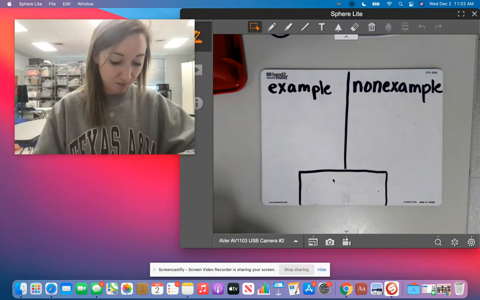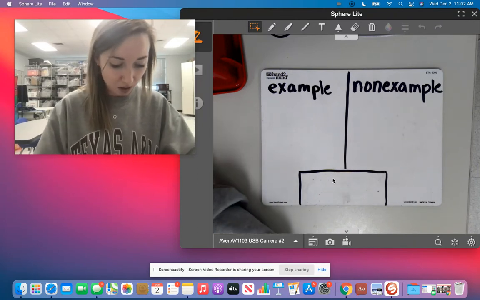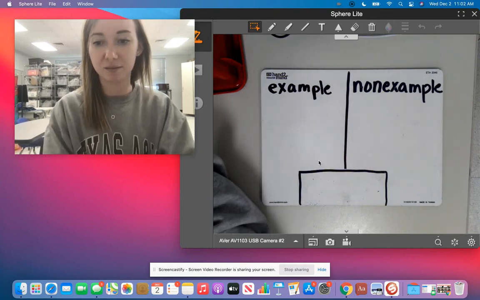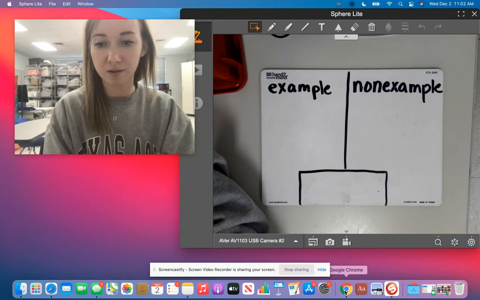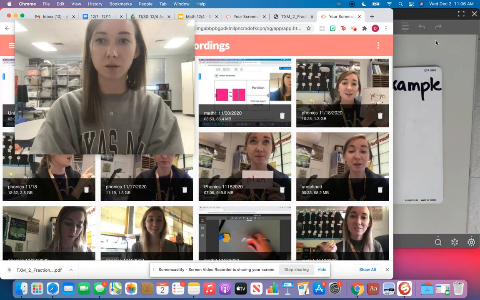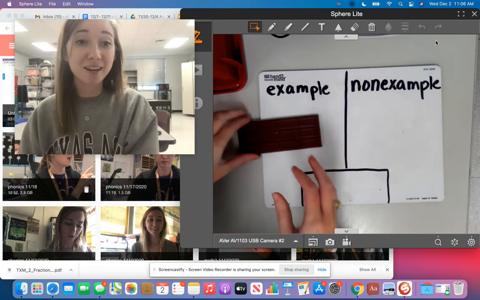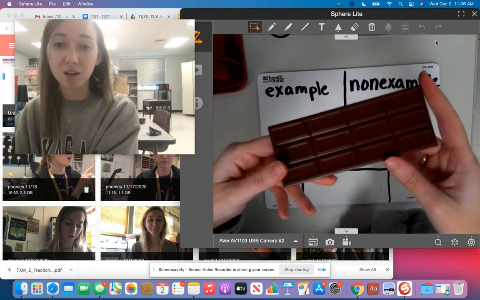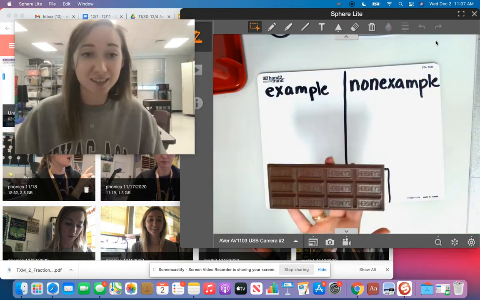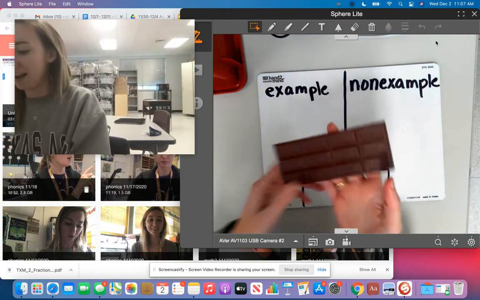So this might not be an example of fractions. Oh my goodness. All right, so I just got a brand new fresh chocolate bar. And this is a Hershey's. So it's not going to break, hopefully. But so here we go.